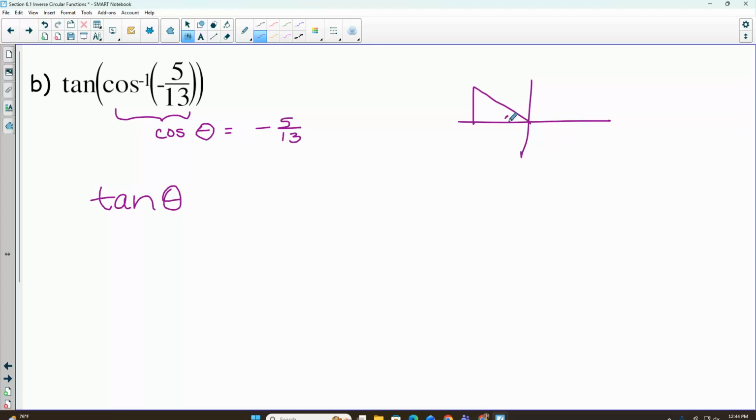Okay. Cosine's adjacent over hypotenuse. Which one gets the negative? The adjacent. So Pythagorean theorem.